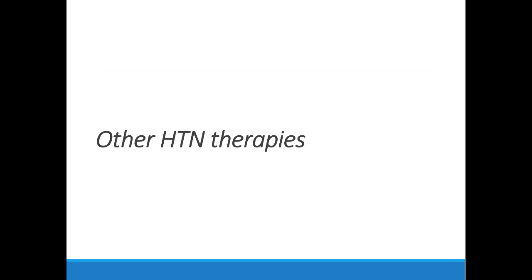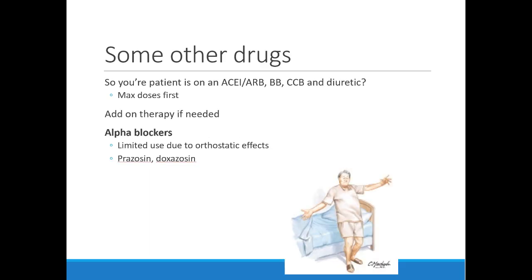Other hypertensive therapies. There are a couple of other drugs available. Alpha blockers are an option. This would be more applicable to older male patients. Again, a little outside of our wheelhouse here, but for primary care purposes, let's talk about it for a second.